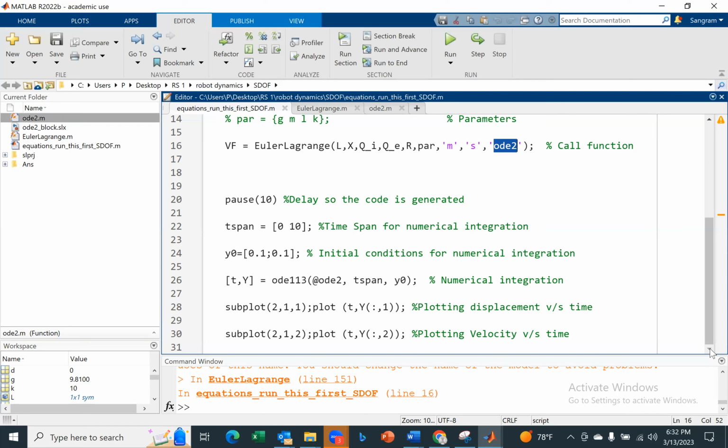Everyone understood this? Here, again, subplot 212 plot, time is on the x-axis and velocity, y2, is on the y-axis. So now when you run this code, you're going to get the first plot, which is the displacement, and the second plot, which is the velocity. Everyone understood this?